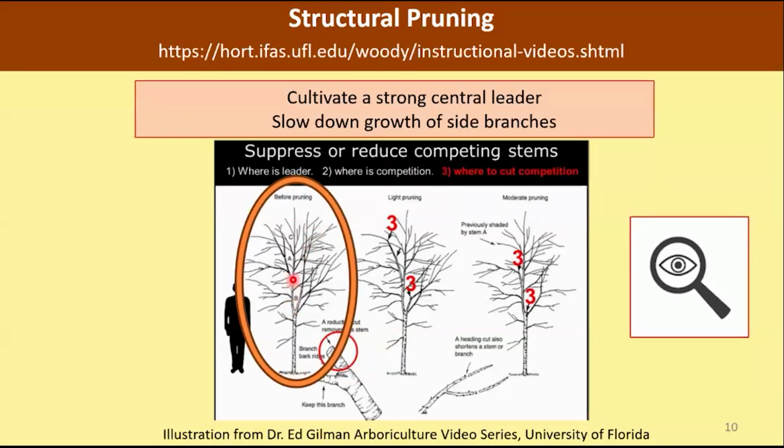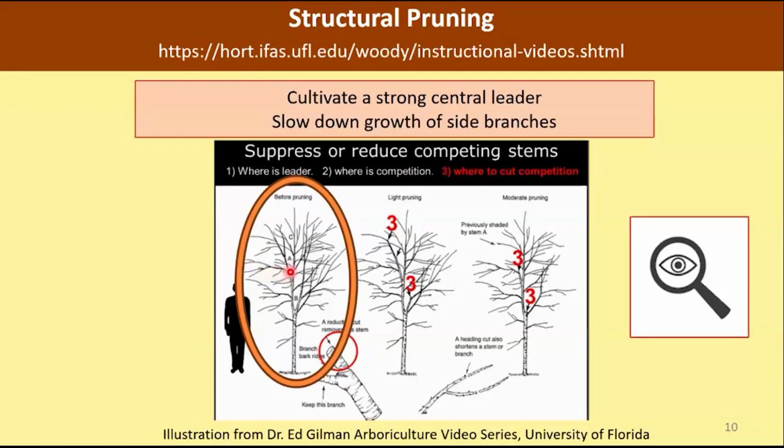Let's look at A first. Going up from the point of connection, there is a side shoot, which makes a potential cut point where I have the red pointer. By removing the upright portion, we slow the growth and subordinate the side branch to reduce the competition against the leader.